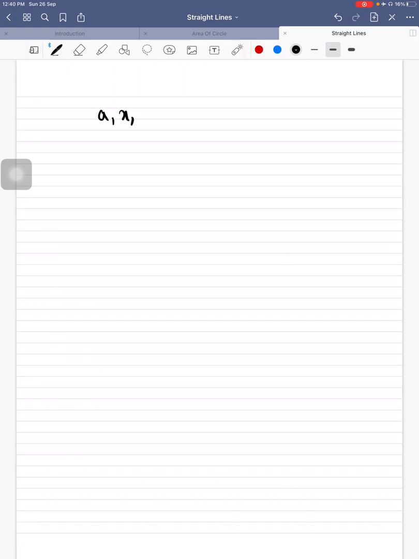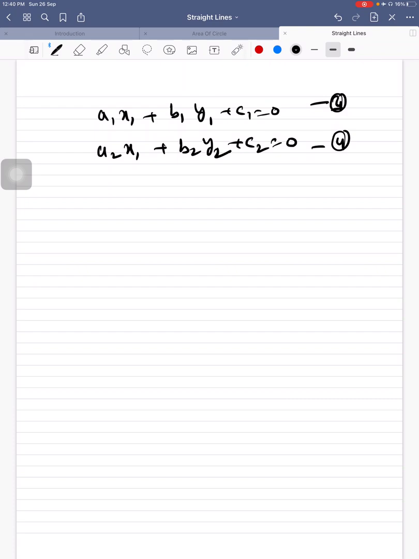Again do the same with equations 3 and 4: a1 x1 plus b1 y1 plus c1 equal to 0, and a2 x1 plus b2 y1 plus c2 equal to 0.